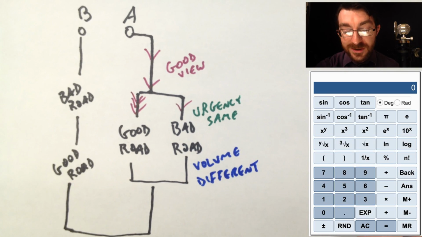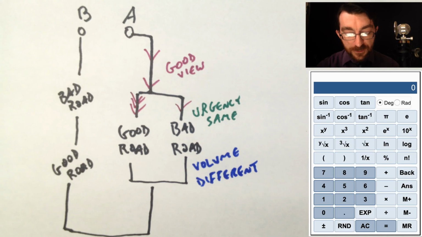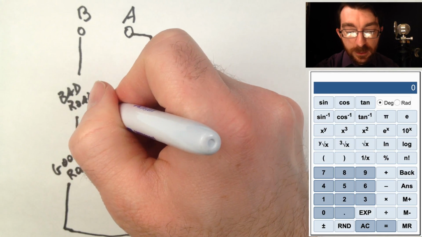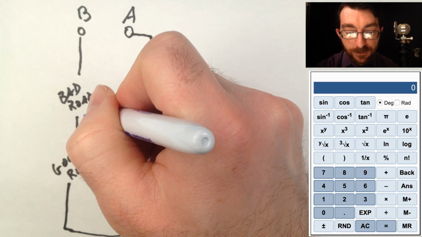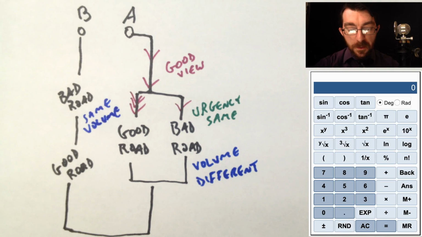So there's no difference between the number of cars that take this and take that. That's going to be the same. We're going to end up with the same volume. But what about the urgency?